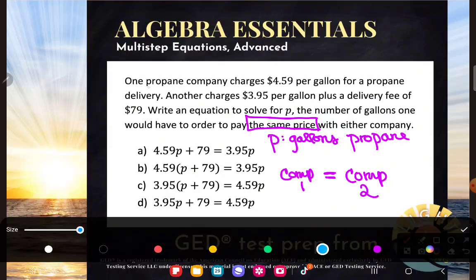So first, one propane company charges $4.59 per gallon for a propane delivery. I don't see any more information about that company. So they're going to be charging $4.59 every time you buy a gallon of propane. $4.59 the first time, $4.59 the second time, the third time, the fourth time, so on and so forth.